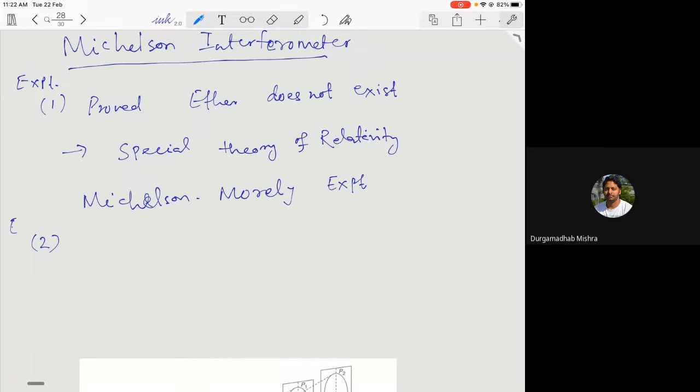There are many other experiments based on this Michelson interferometer which help in other fields, but I'm giving two examples here to show how profound this experiment is in the context of physics. The first one was done, I think, in 1880 or around 1890, so late 19th century.